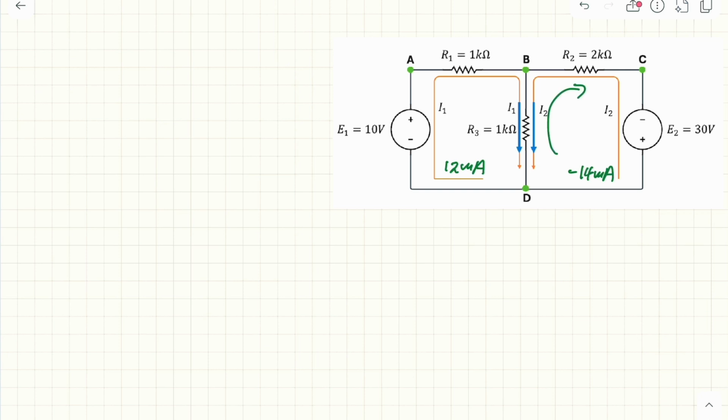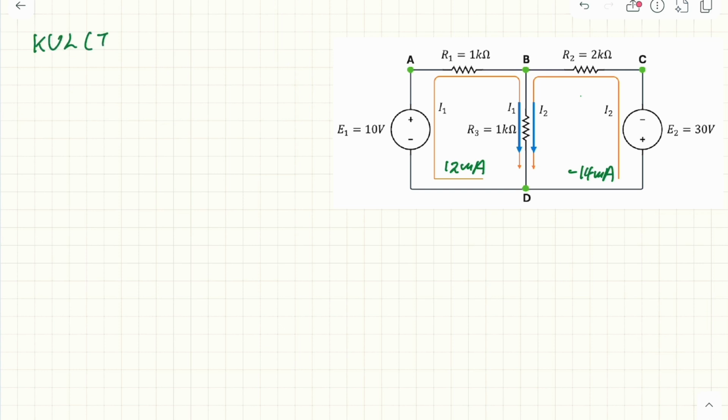So this mesh current I2 should also flow in the clockwise direction. If we're still following the I2 direction in this question, which is anti-clockwise, we will say its current is negative 14 milliamp.